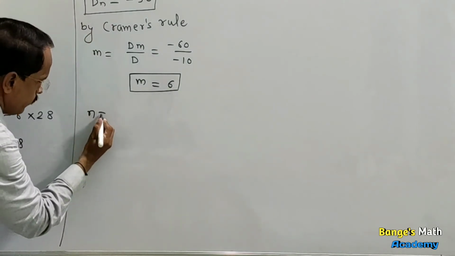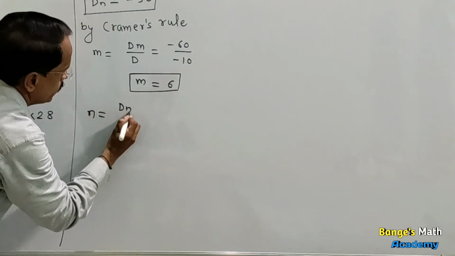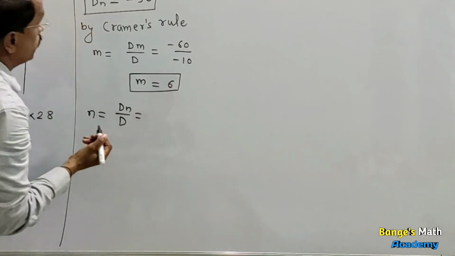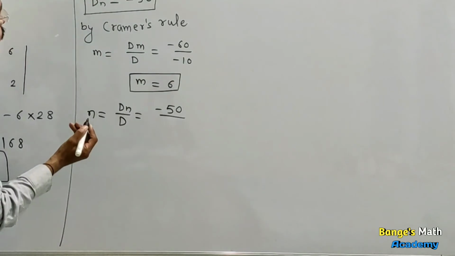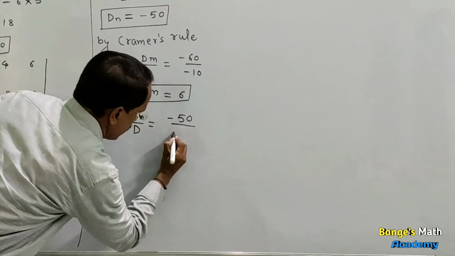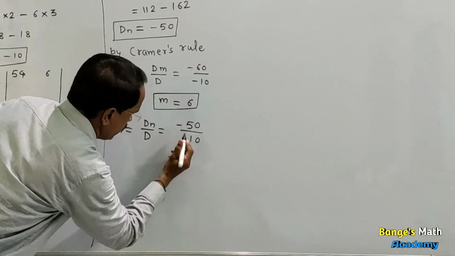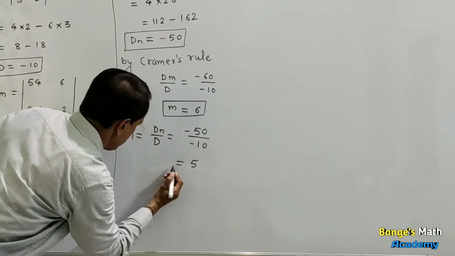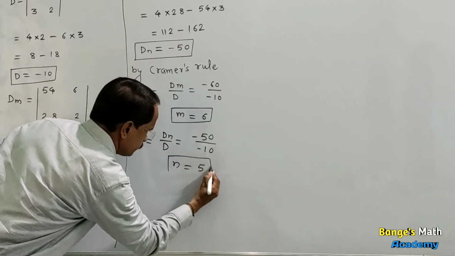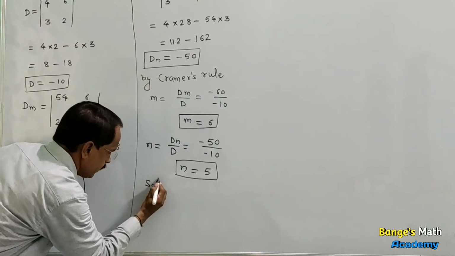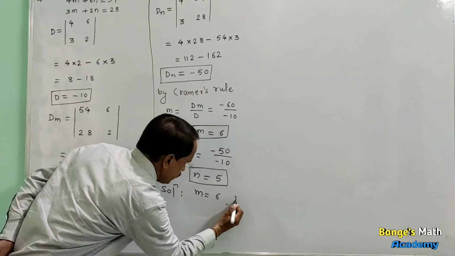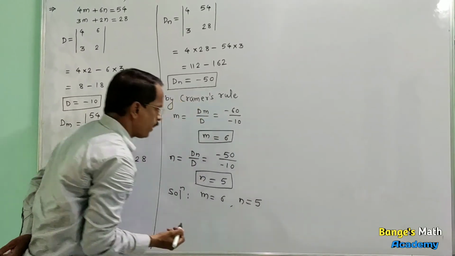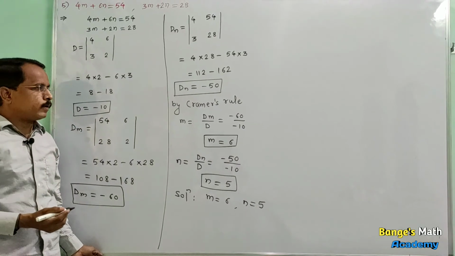Then value of n is equal to dn upon d, value of dn minus 50 upon value of d minus 10. Simplify this by cancelling, we get value of n is 5. Then write down solution. m is equal to 6 and n is equal to 5. Write down given example or take a screenshot.